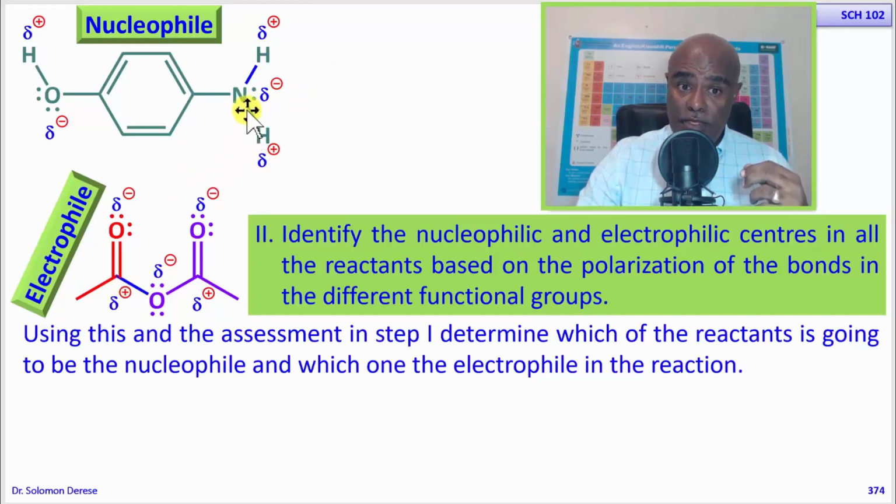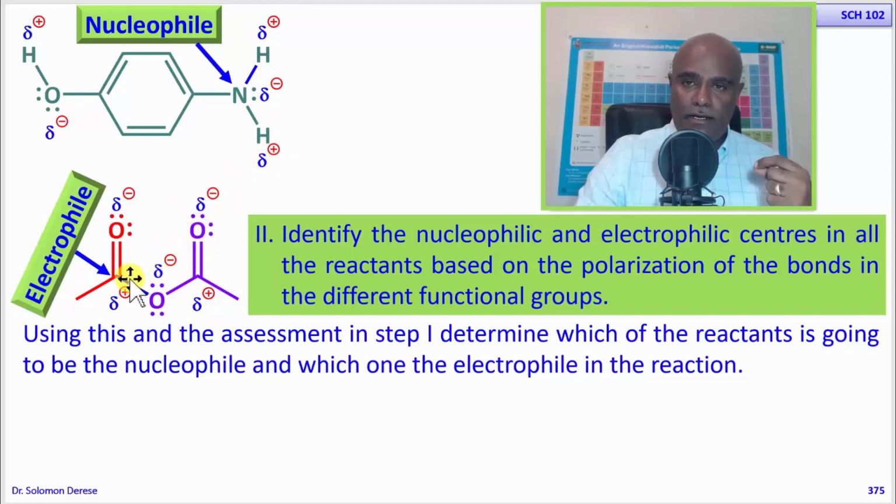In this reaction, it is this nitrogen which is the nucleophilic center, and then it is this carbonyl carbon which is the electron deficient center. So the reaction is going to be between this nitrogen and this carbon.